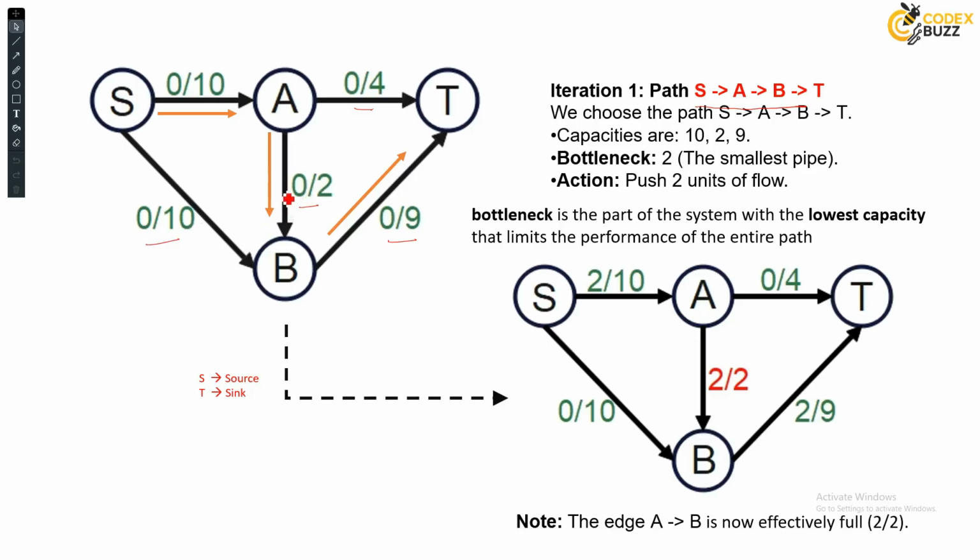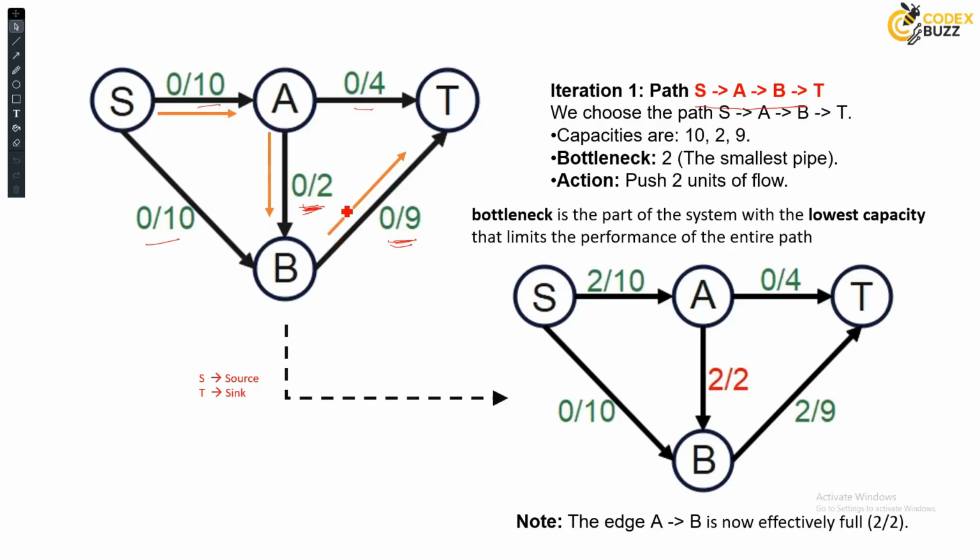Okay, so in the path S to A to B and B to T, we have the capacities as 10 here, 2 here and 9 here. So out of these capacities the bottleneck is 2. So what is the bottleneck here? Bottleneck is the part of the system with the lowest capacity that limits the performance of the entire path. Okay, so out of the capacities 10, 2 and 9, the bottleneck is 2.